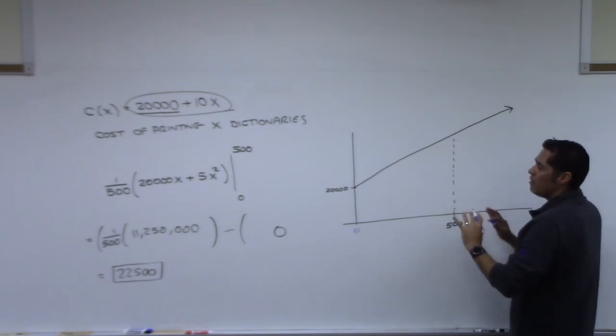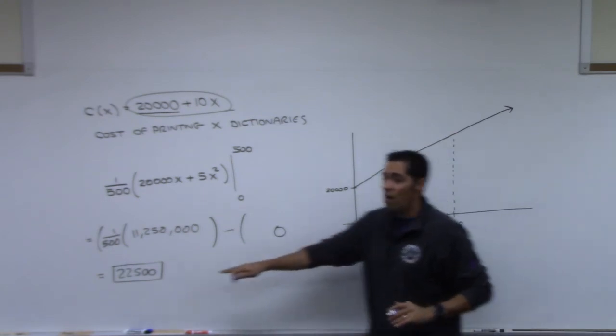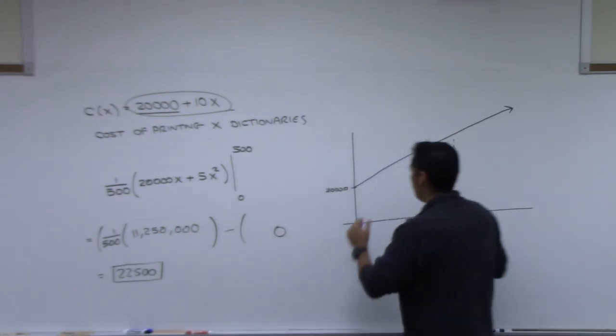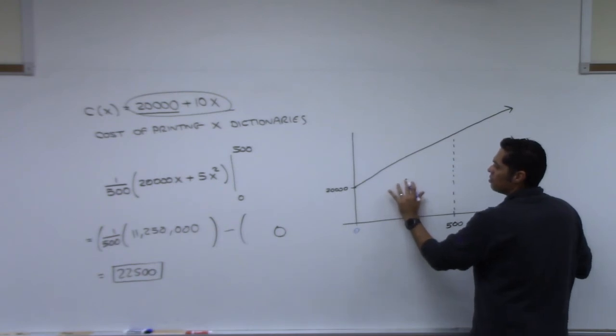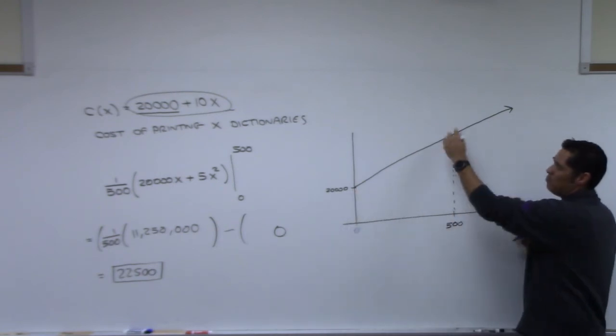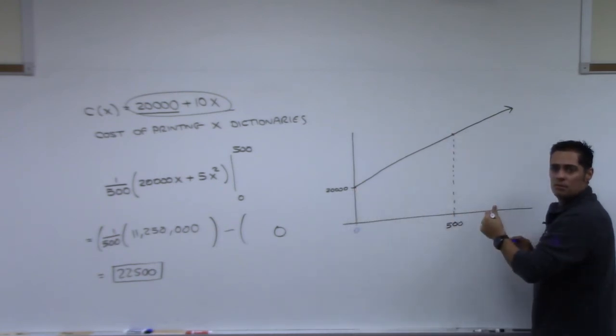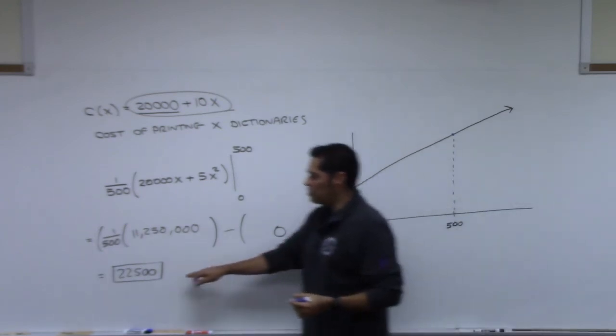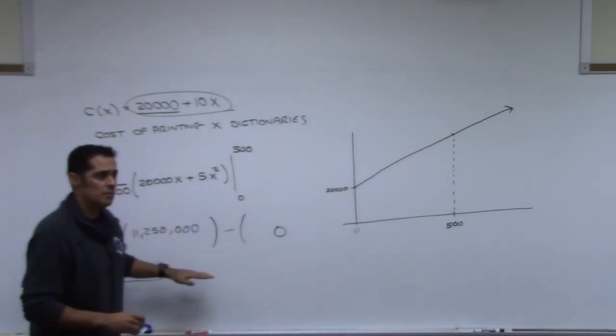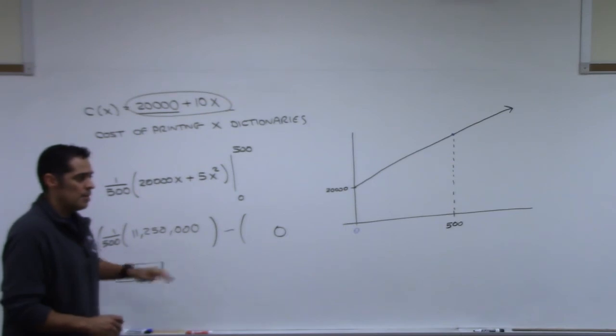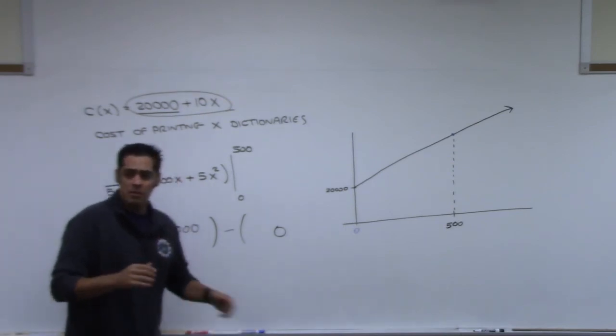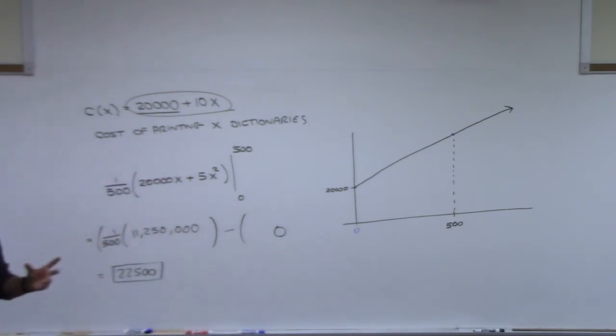If I plug in 500, I get a number bigger than that, yes? So when it's saying what's the average value of the cost function on this interval, it should be something between 20,000 and whatever this is. So does it make sense that our average cost would be 22,000? Yes? So the big difference between part A and part B is this.